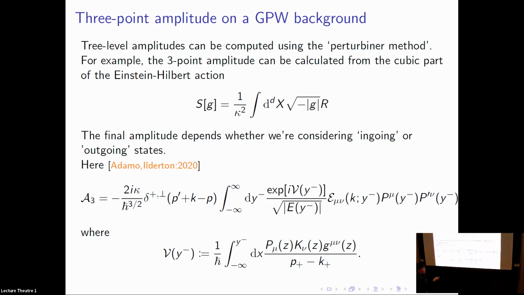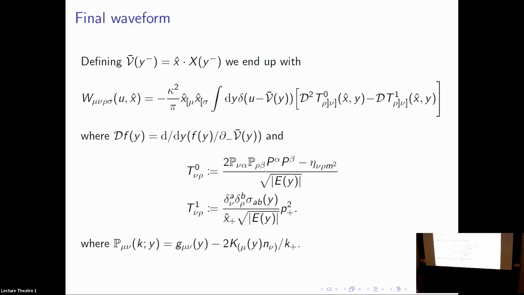So this is a simplified version, but essentially it's an exponential of the momenta in the minus direction. Okay, so this is our 3-point, and now we just go through the whole waveform calculation between these 2 slides, and take h bar goes to 0, and we end up with this expression here.